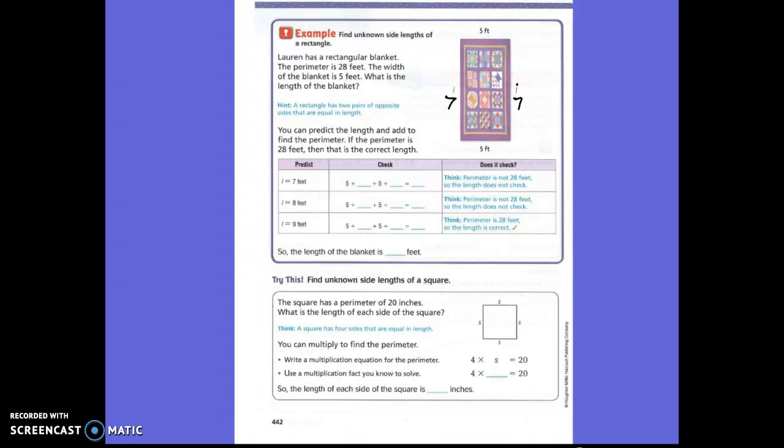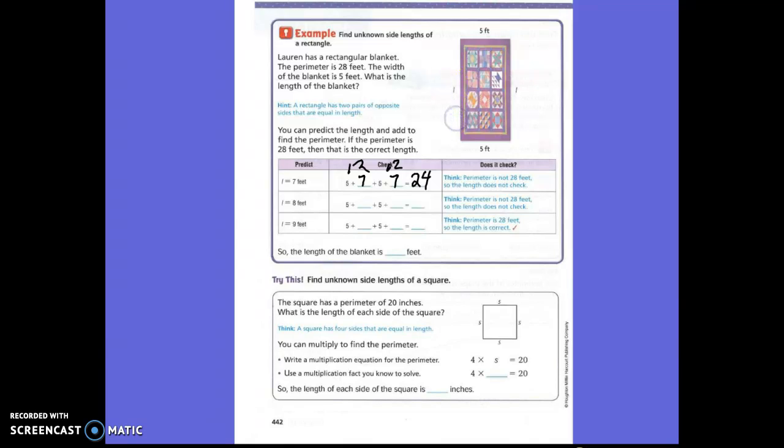So we're going to do 5 plus 7. What's 7 plus 5? 12. So that's 2 12s. What's 2 12s equal? 24. Perimeter is not 28 feet, is it? So can these 2 side lengths be 7? Nope.